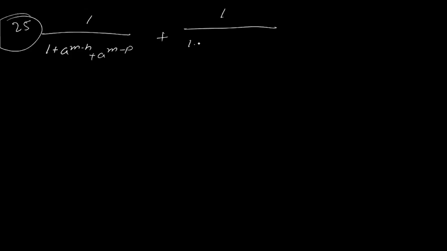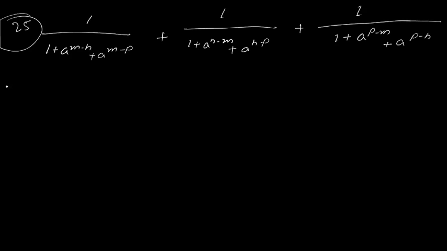See, when I write these questions, you will feel like, oh my god, so big, but the solution would be very simple. 1 divided by 1 plus a to the power m minus n plus a to the power m minus p, plus 1 divided by 1 plus a to the power n minus m plus a to the power n minus p, plus 1 divided by 1 plus a to the power p minus m plus a to the power p minus n. Right? Right, sir. Okay.